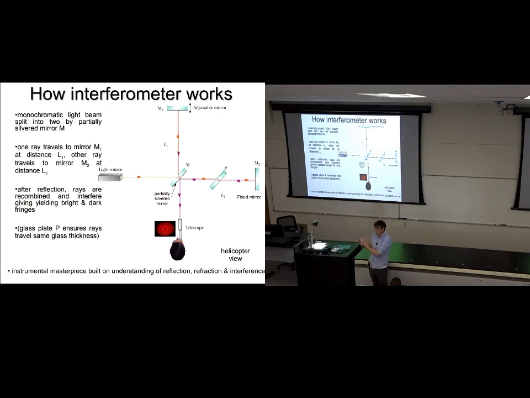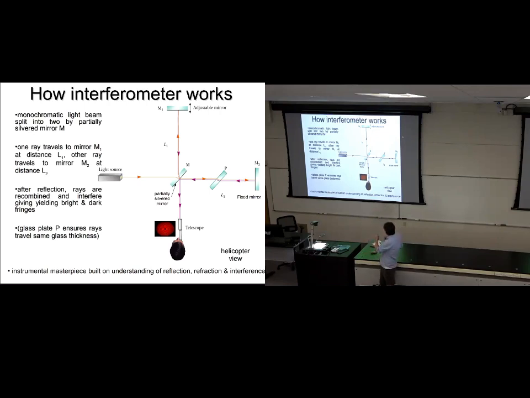The remaining light is not reflected, it is transmitted. So a fully silvered mirror would reflect all light, like in your bathroom. But a partially silvered mirror will actually reflect a fraction of the light, say half the light, and transmit half the light. And so this is where the splitting of the light into two happens, at this center mirror.